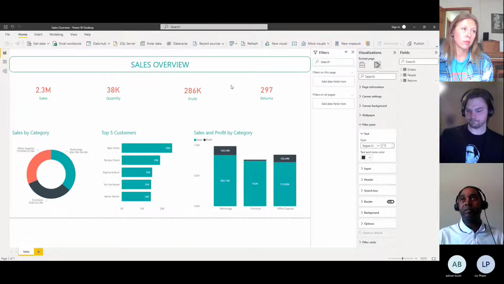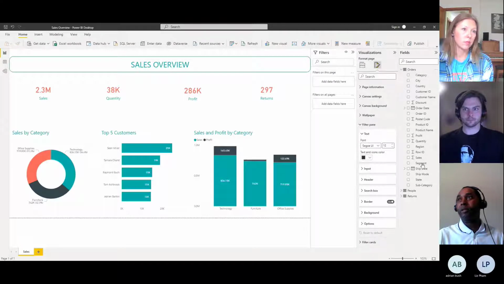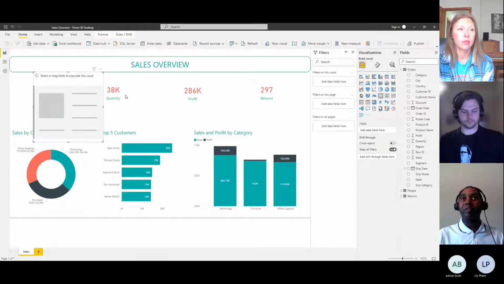Now, in terms of trying to produce these, I went to the visualization. I opened this first, and then I went to visualization to get the card. So I could introduce a card, for example, like this. Of course, I'm going to remove it. Introduce a card, and then go to sales and click sales.